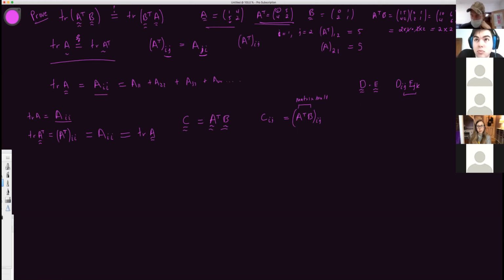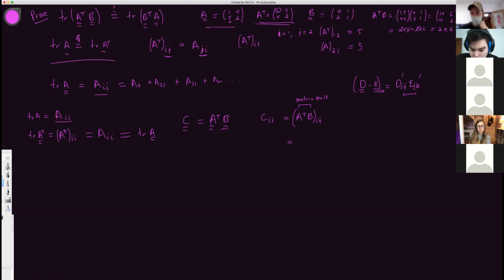So if I want to write out what this is, let me be clear here. This would be the IK element of this matrix multiplication, because the free indices are the I and then the K. So I've got to write that out.